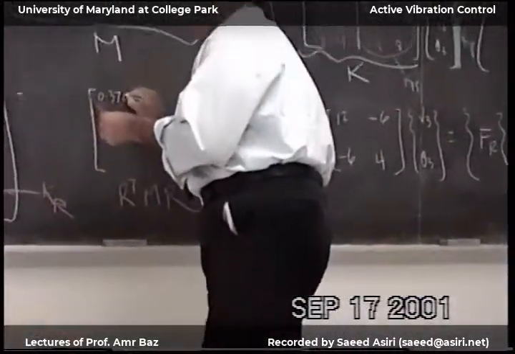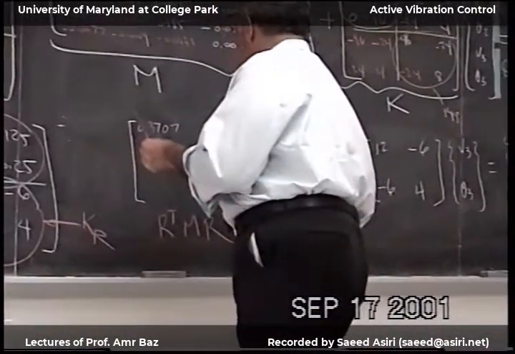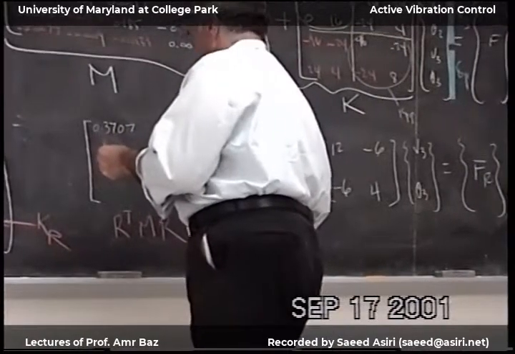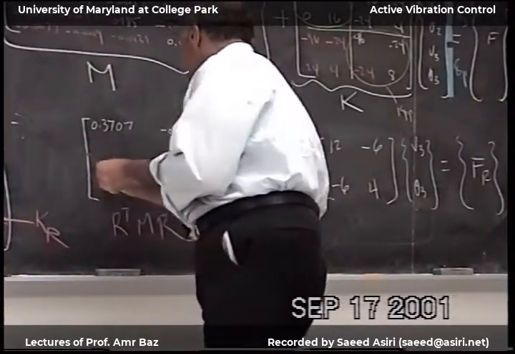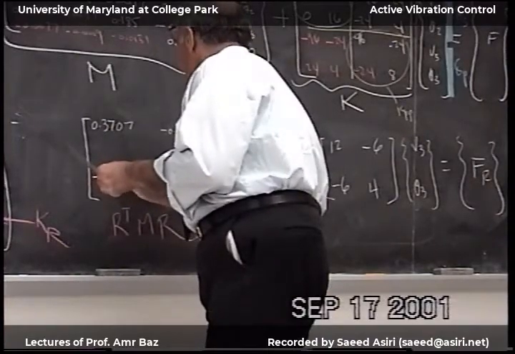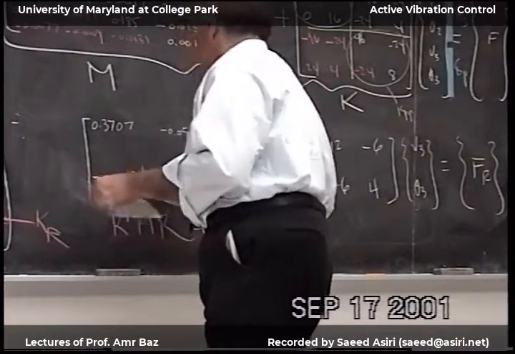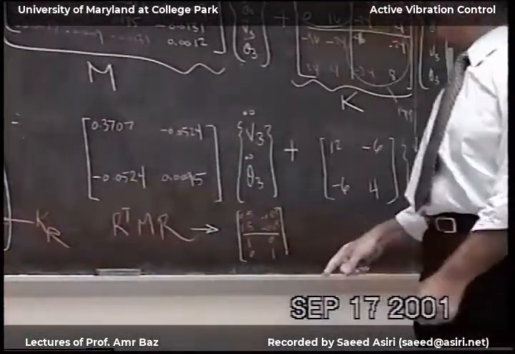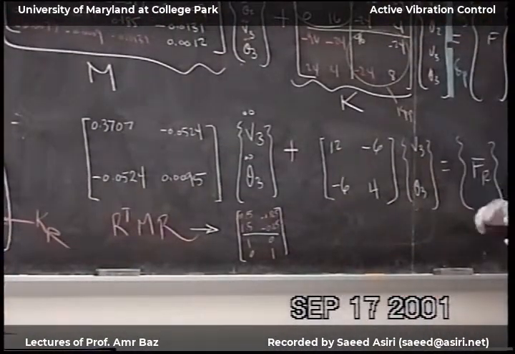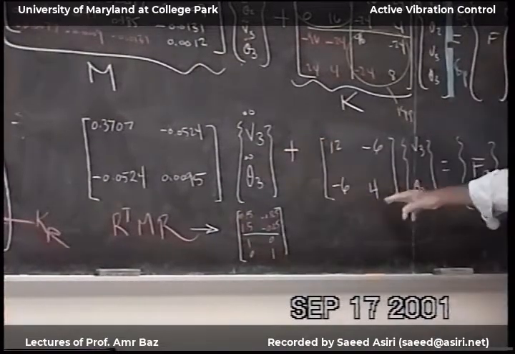7 minus 0.0524, 0.0095, and then this should be the same. Now I have M reduced and I have K reduced.